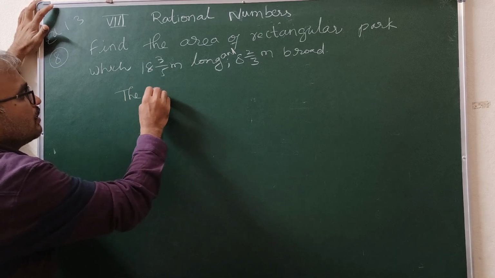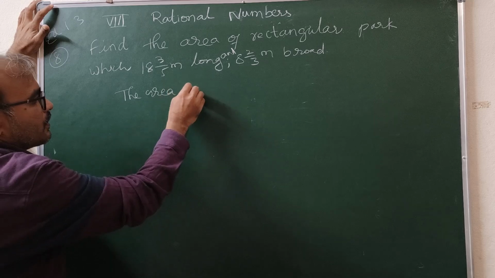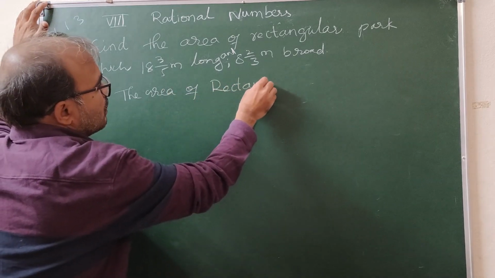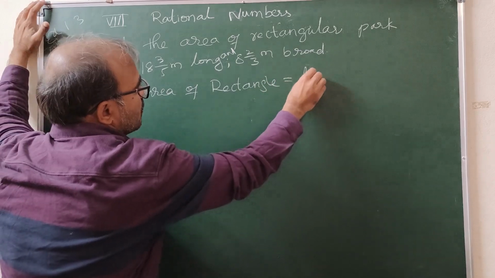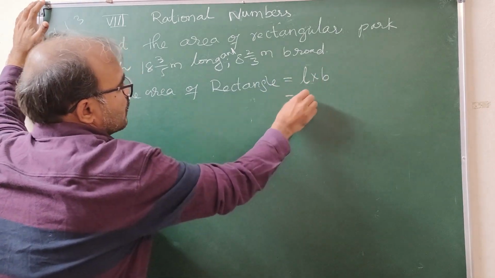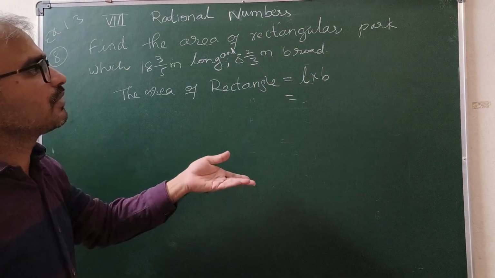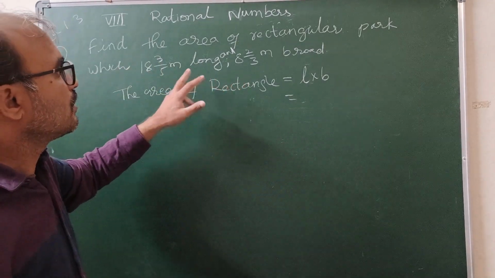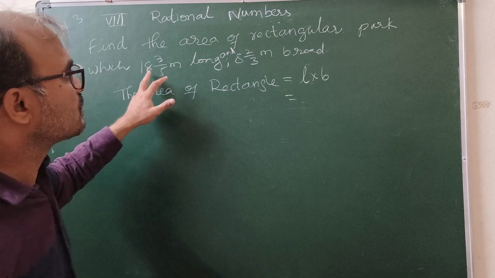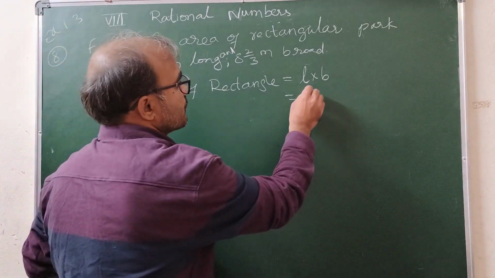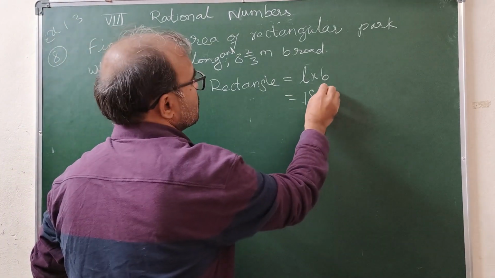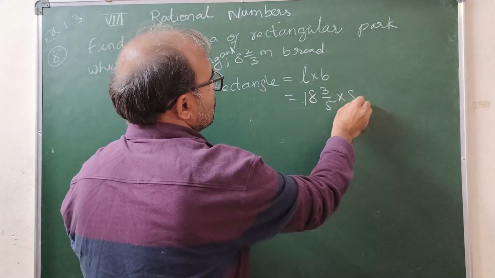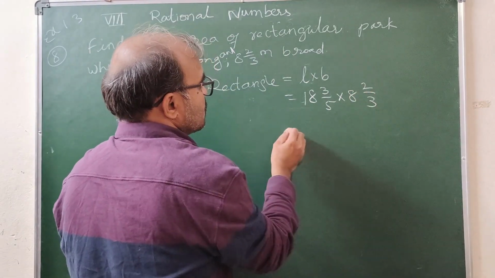The area of a rectangle formula is length into breadth, right? Why the formula came like this, we'll discuss in the topic of areas. So what is the length here? Length is 18 3/5 into 8 2/3.